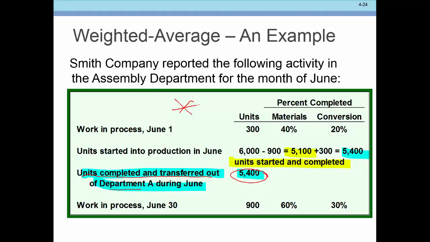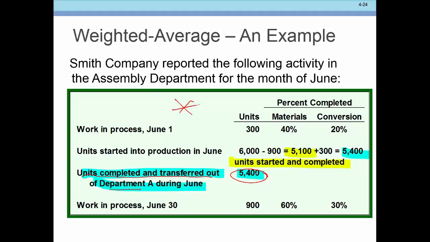That's the blue part. All I'll have to do is say, okay, if 5,400 units were completed and transferred out, and I want to figure out the equivalent units that were completed, I'll simply take that number and add the equivalent units of the ending inventory. For example, if we're talking about our materials, I would take 0.6 of 900. That's 540, not 54.